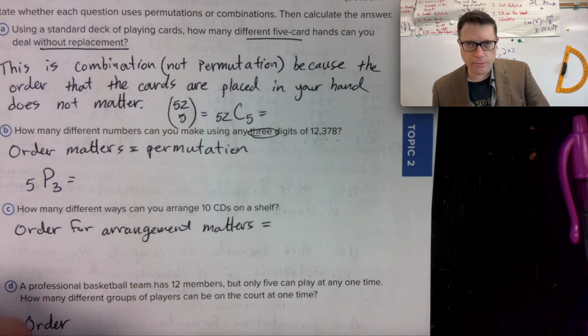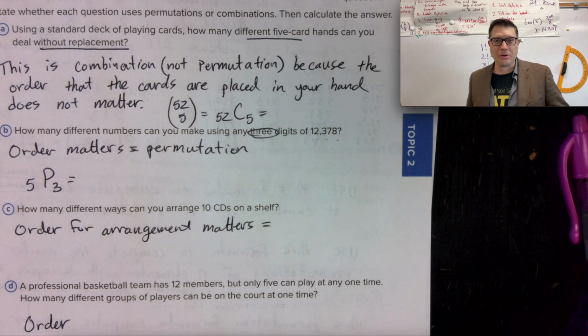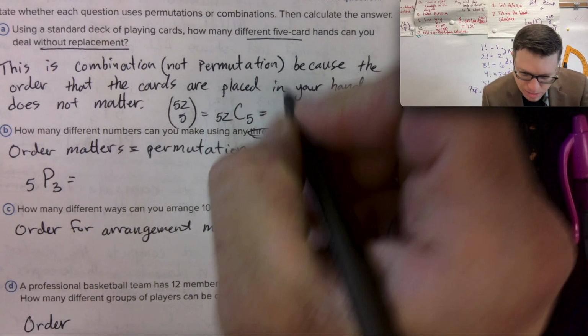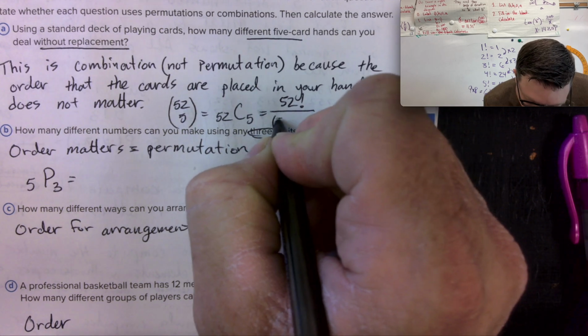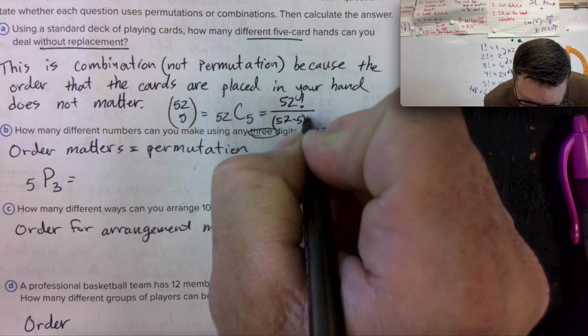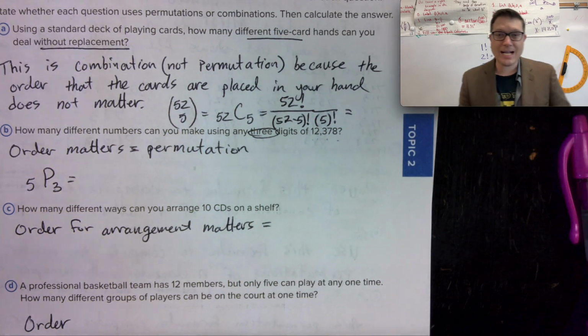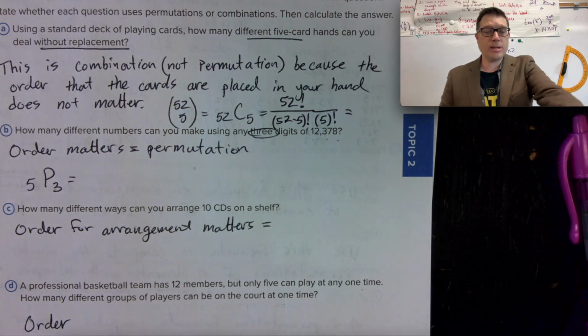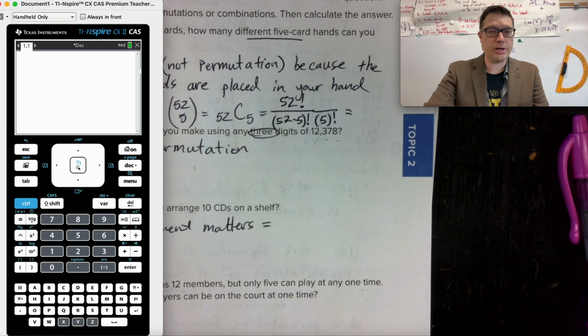Now I'm going to write out the formula, and then I'm going to ignore that formula and just go to the calculator, because nCr in the calculator is so much nicer. 52 factorial over 52 minus 5 factorial times 5 factorial. That's the formula for combinations, but thankfully we have the nCr function in our calculators.